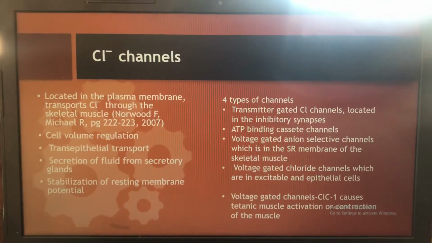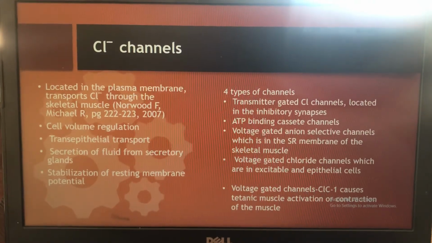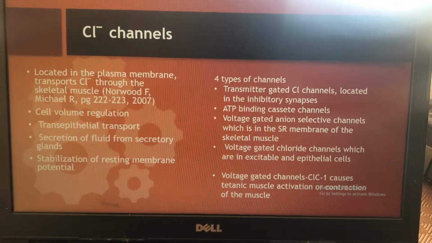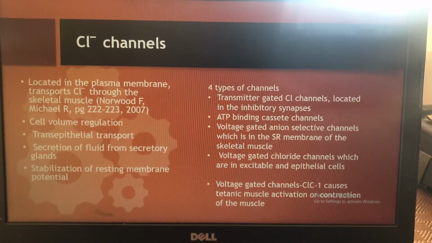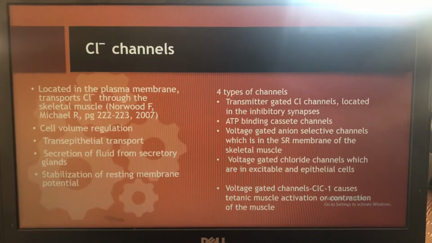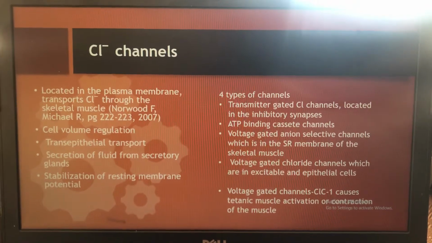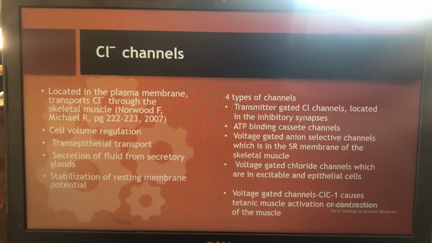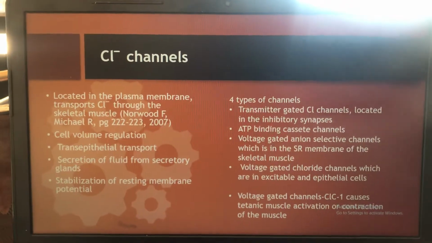In regards to the voltage-gated chloride channels, CLC1 is the most important in skeletal muscle as it causes tetanic muscle excitation, as it contains a high amount of chloride, leading to a fast repolarization of the T-tubular membranes, which then become depolarized by potassium.